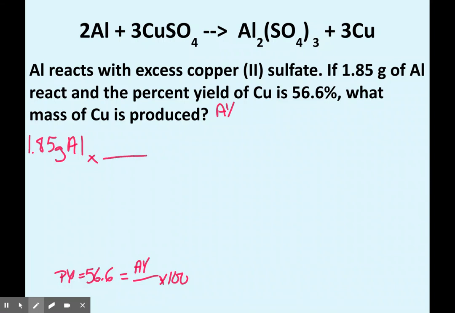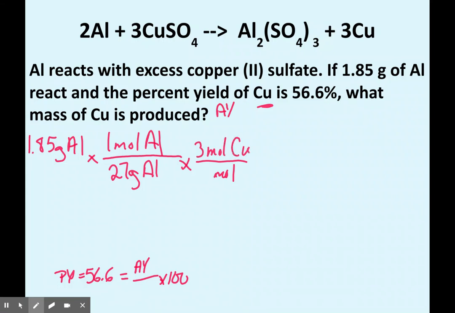So I'm going to jot this down. You should be decent at this by now. Aluminum's mass is 27. And it said we're working with copper. So 3 moles of copper on top and 2 moles of aluminum on bottom. And let's see, we need to go to grams.